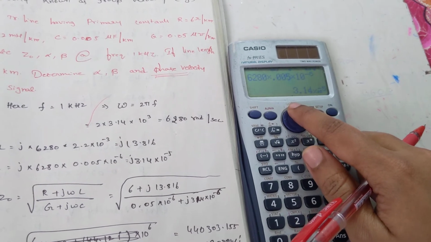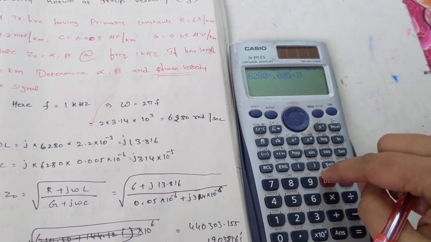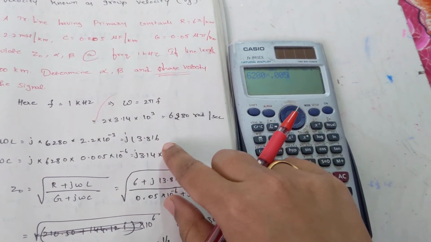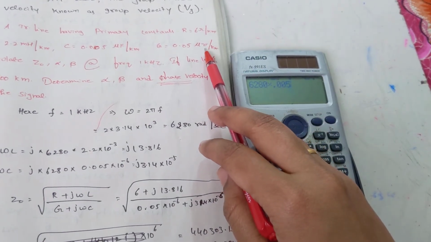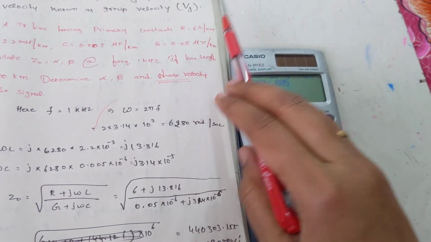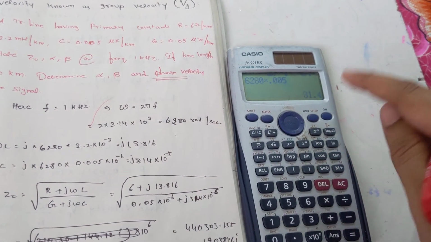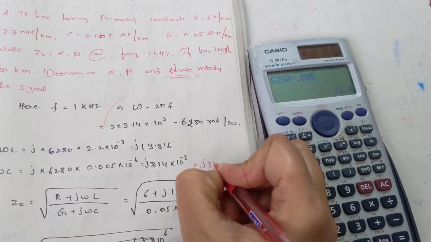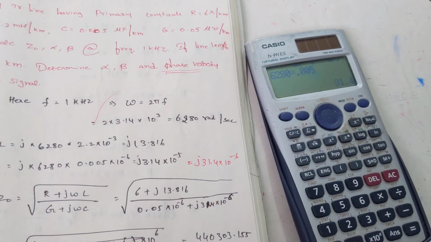For ease of convenience, you can keep it as 10 power minus 6 as a common thing, because here also we have the 10 power minus 6 G value as micro mho. So to keep it as a common value, you may give it as J 31.4 into 10 power minus 6.